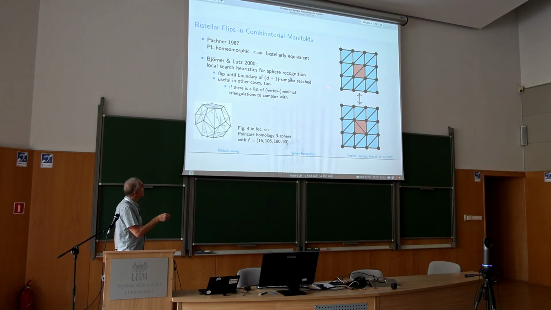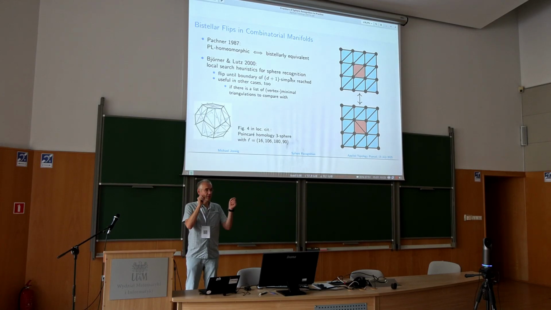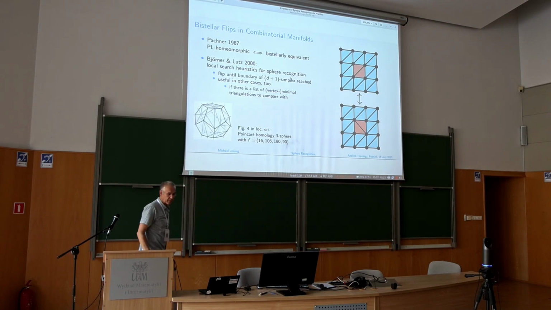But there's also important work of Pachner on this subject, which establishes this theorem: two triangulations are homeomorphic if and only if there's a sequence of bistellar moves, but including the possibility of going up and down in Karim's picture.